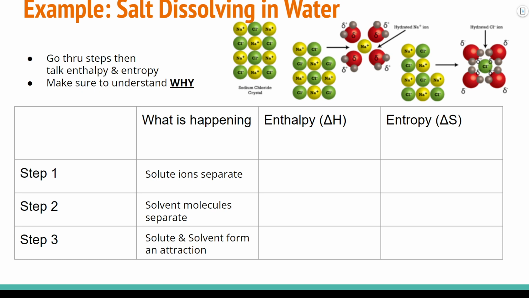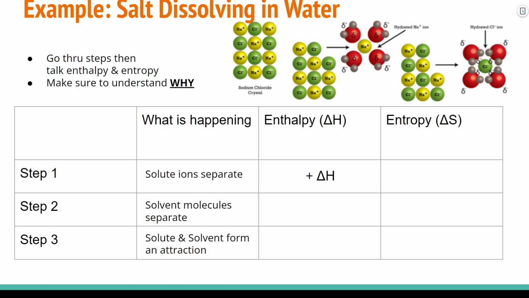Okay, so let's talk about enthalpy and entropy for these steps. So for enthalpy, it's going to be positive delta H because you needed to input energy, so aka endothermic, in order to break the ionic bonds.